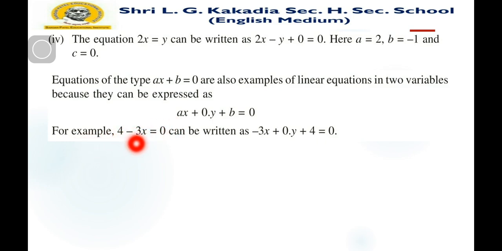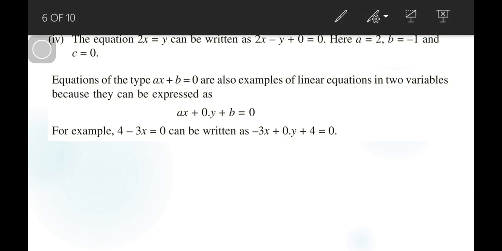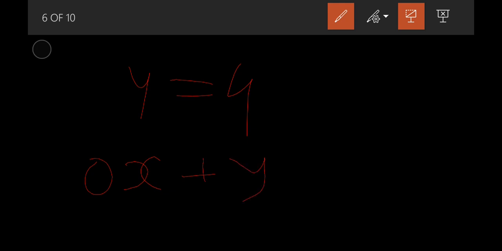So here, 4 minus 3x is equal to 0 is a linear equation in two variables because it can be written as minus 3x plus 0y plus 4 is equal to 0. Also remember, if there is one more example, y is equal to 4, it is also a linear equation in two variables because we can write it as 0x plus y minus 4 is equal to 0.